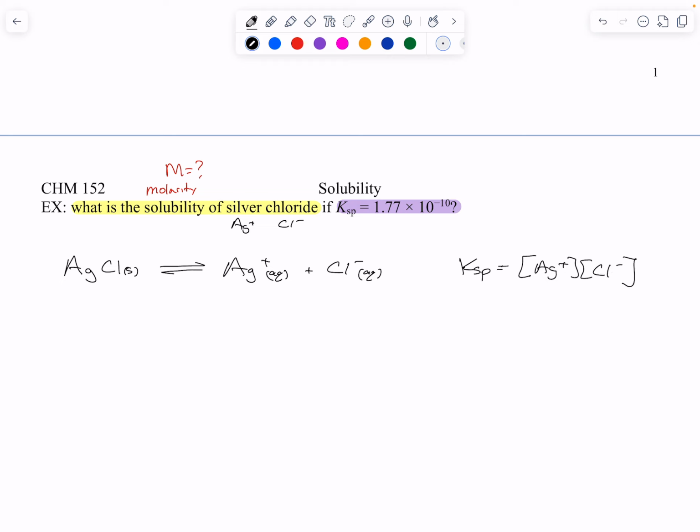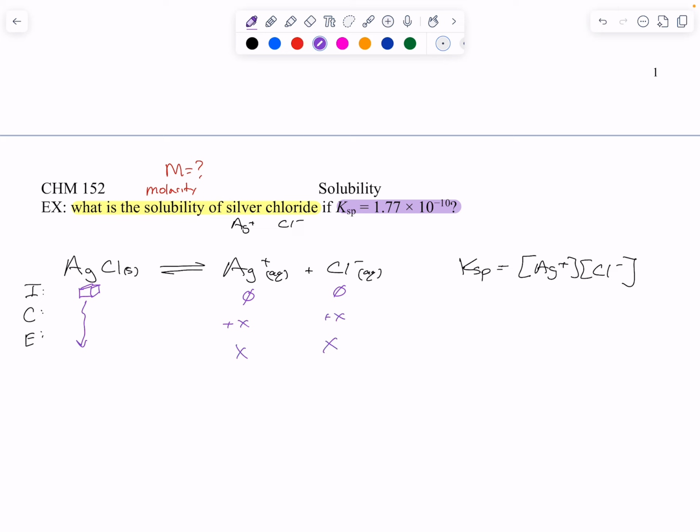All right, so silver and chloride. Now, ice table. Silver, as long as we have some, we don't care how much we have. You start with 0 and 0, plus x, so you get x and x.